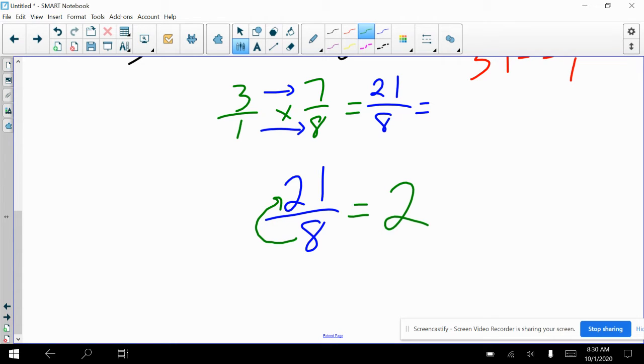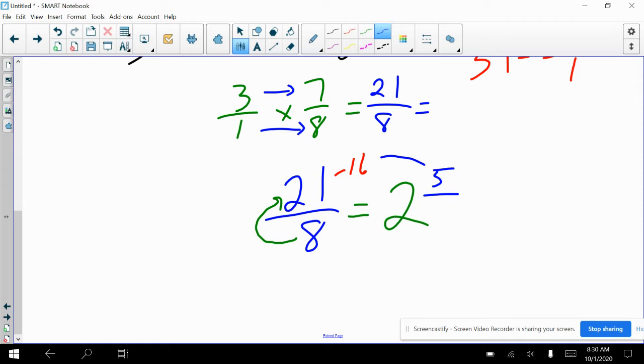Now watch how this works. This is where you have to know your facts. What's 8 times 2? 16. So I'm going to subtract that from how many parts I have in my numerator. What's 21 minus 16? It gives me 5.